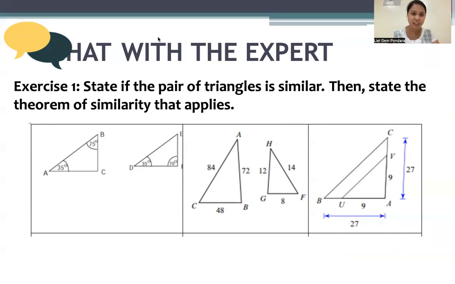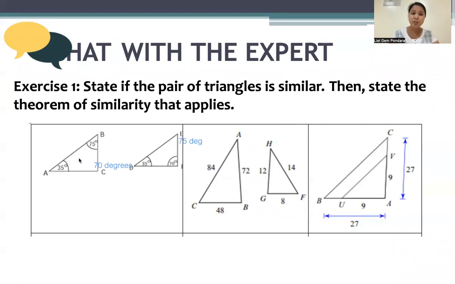Let me first annotate. If you check, the sum of all the angles in a triangle is 180 degrees. So if this is 75 and 35, it means that angle C is 70 degrees. Also, angle E will measure another 75 degrees.